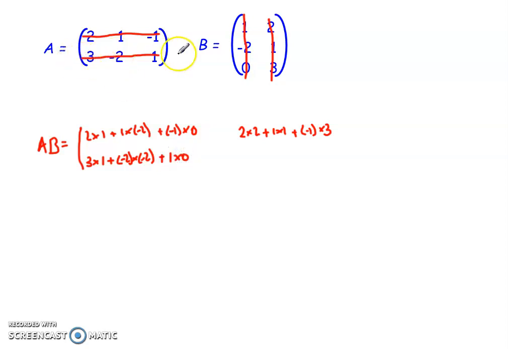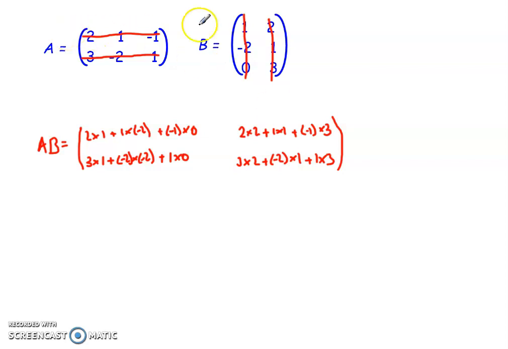And I then do my row combined with the next column, and I'll then have 3 times 2 plus negative 2 times 1 plus 1 times 3. And again, that's me now exhausted all possible combinations of rows and columns for this second row. Now there's no more rows, so that's all the parts I can do for my matrix. So that's me finished writing down the calculations. Now I just have to do it.